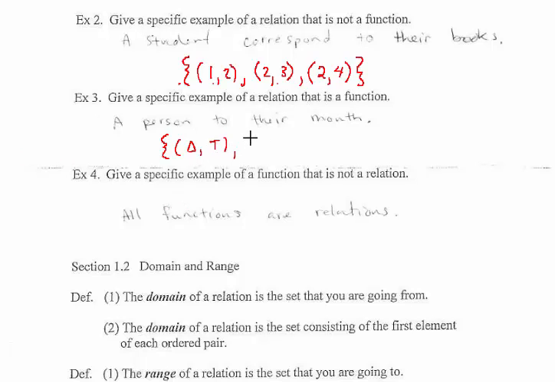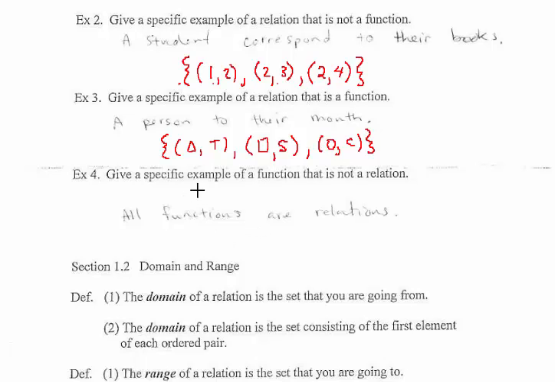So triangle to the letter T, a square to the letter S, and then finally we could assign a circle to the letter C. And we could stop it there before we ruined our relation. The way it's written now, it's a function, because triangle is a first element that's not repeated. We use a square and a circle, and neither are the other two first elements repeated. We only use square once, and we only use the circle once.